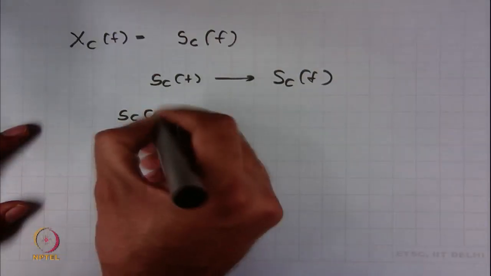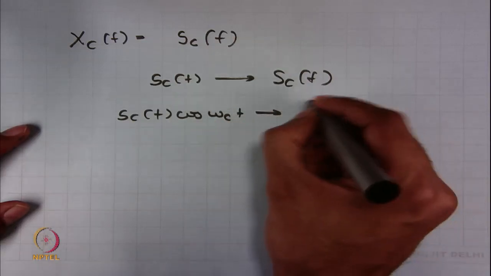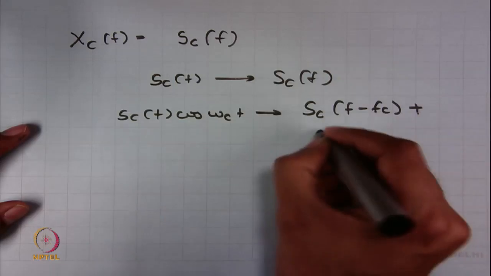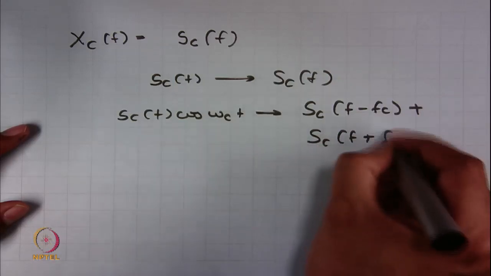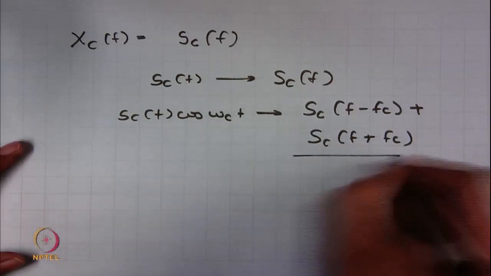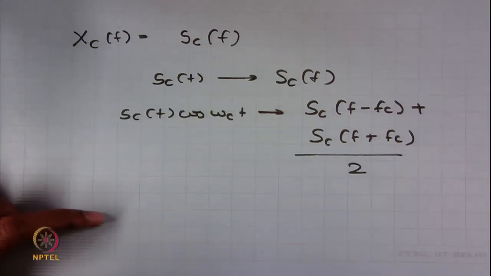So, SC(t) into cos(omega_c t) would have a Fourier transform [SC(f minus fc) plus SC(f plus fc)] by 2. This is from the Signals and Systems course, very basic stuff, and I assume that you know this.